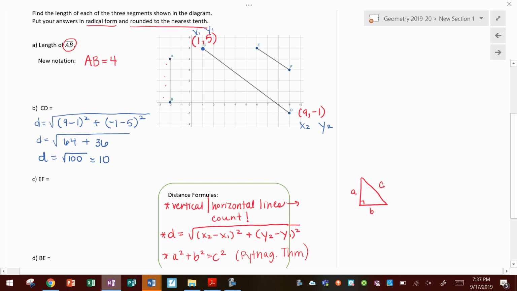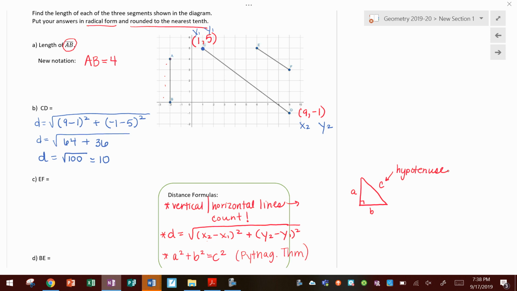If you are using this Pythagorean theorem formula, the most important thing is that the hypotenuse, or the longest side, is always represented with the C. The A and the B, it doesn't matter which one is which, but it's really important that you make the hypotenuse your C value.